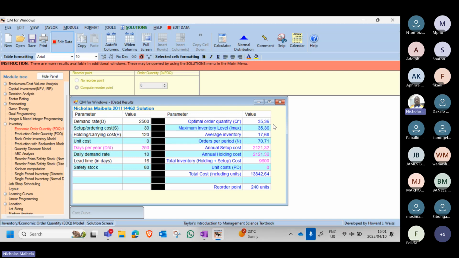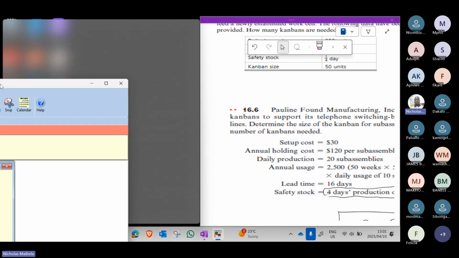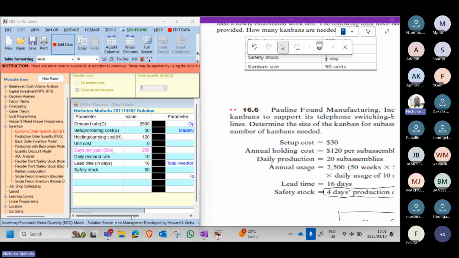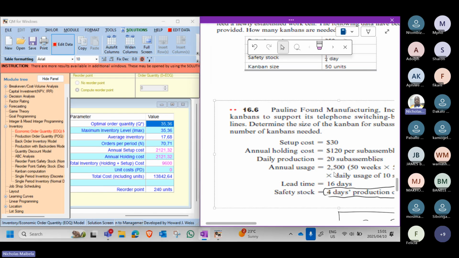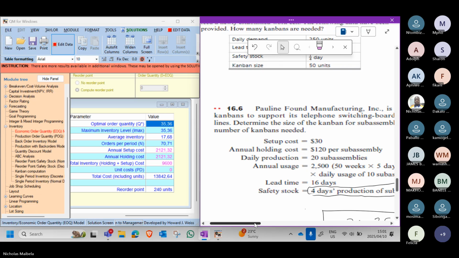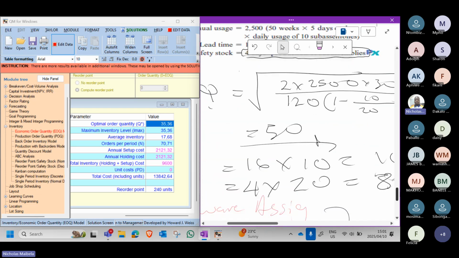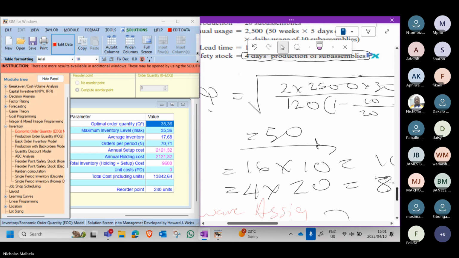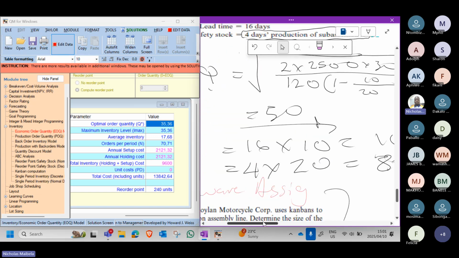Okay. So there's our values. But these ones are not the same as the ones that we have. Are they the same? EOQ first 50. Yeah, we must get a 50. It's compulsory.